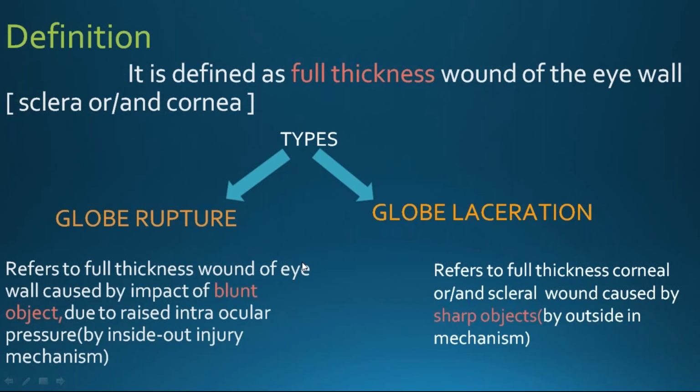Full thickness corneal and scleral wound caused by sharp objects from outside in is called globe laceration. Due to raised intraocular pressure, there will be rupture from inside, that is globe rupture, whereas laceration is due to trauma by sharp objects, causing full thickness laceration from outside to inside. That is the difference between rupture and laceration.